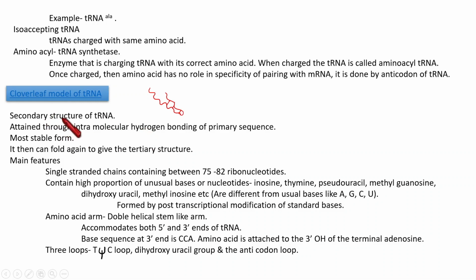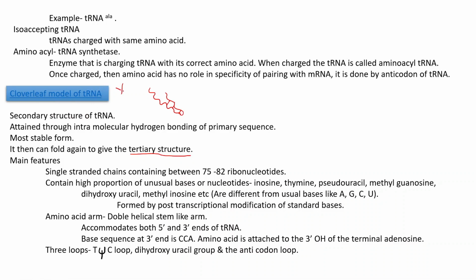And this secondary structure of tRNA in this cloverleaf model, it is the most stable form of tRNA. And this stable secondary structure can again fold back and give a tertiary structure. Okay, so here we are going to learn about the features of the cloverleaf model of tRNA.